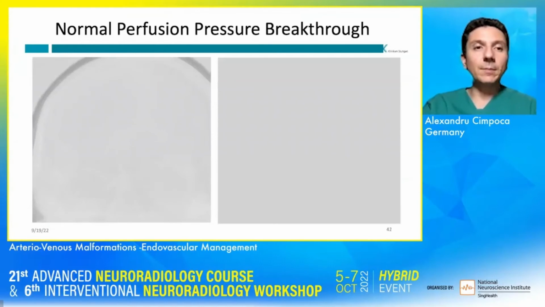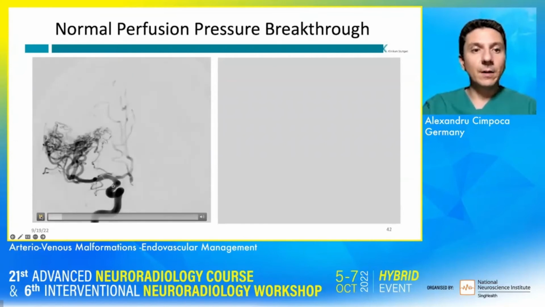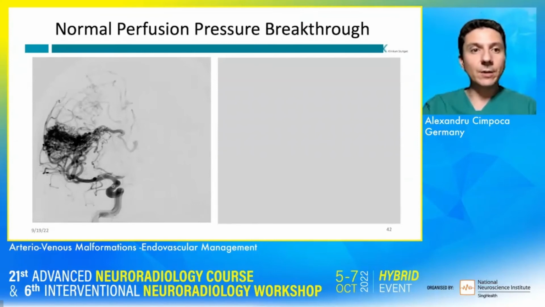That's an example of normal perfusion pressure breakthrough. You can see here a pretty large AVM prior to the last embolization session.